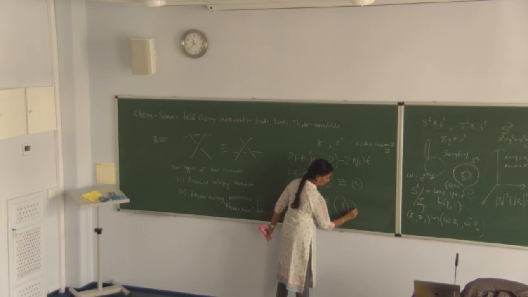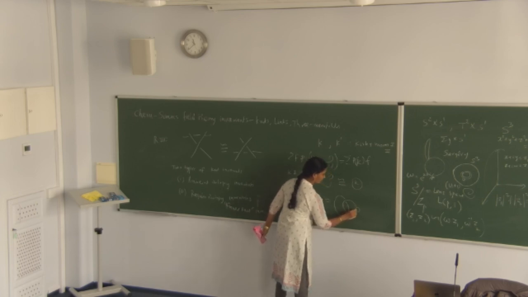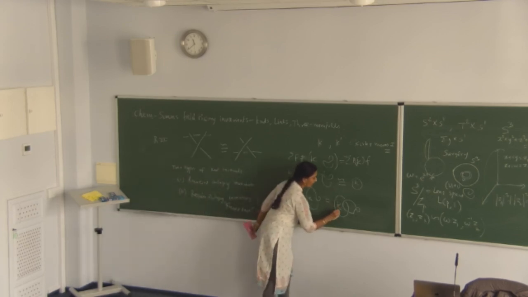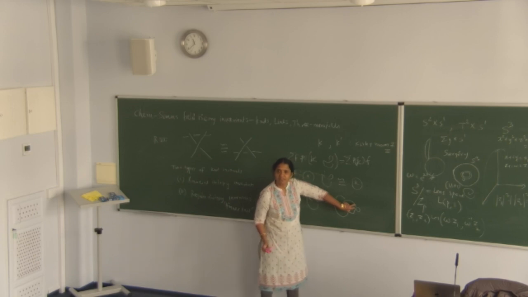Yes, this should be the opposite twist. So the same knot K you should have with an additional thing which is entangled.